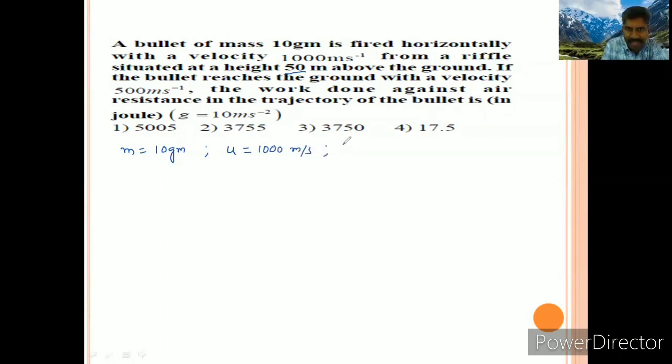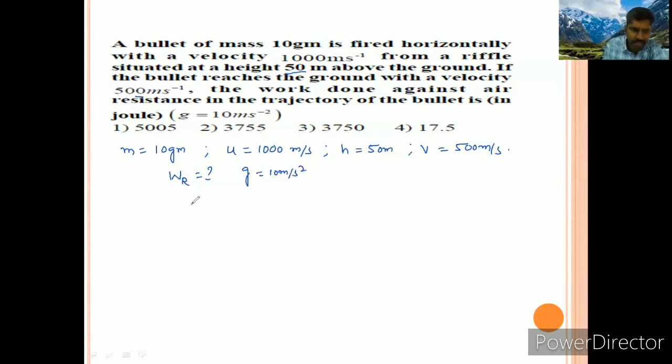Next, at a height h of 50 meters, and the final velocity is 500 meter per second. So work done by air resistance we need to find out. That is our target.